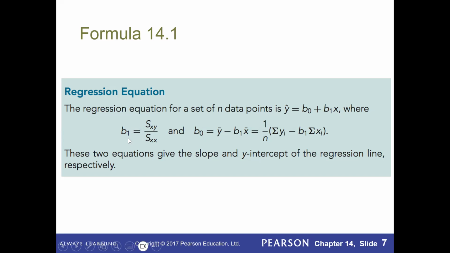For both beta 1 and beta naught, we have their own formulas. For beta 1, we have Sxy over Sxx, and for beta naught, we have y bar minus beta 1 times x bar. These two equations give the slope and y-intercept of the regression line respectively.